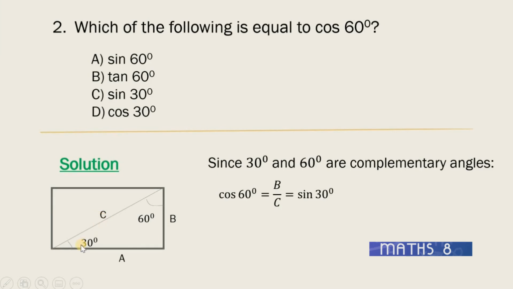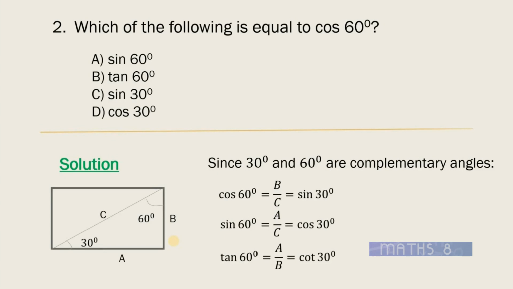And this is the same as sine 30, which is opposite over hypotenuse, so in this case, b over c. Sine of 60 is equal to a over c, and that's the same as cos of 30. And tan of 60 is equal to a over b, which is the same as cot of 30. So the answer is C. Cos 60 equals sine 30.